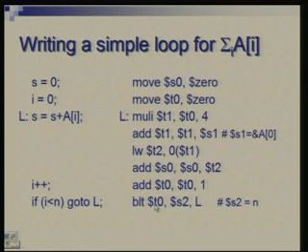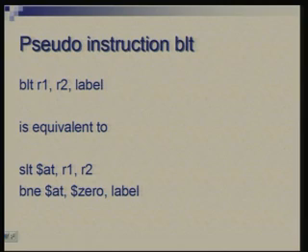In some tutorials I have mentioned that there are pseudo instructions which may correspond to one or more real instructions. So, what exactly is this particular one? BLT compares 2 registers, and if the first one is less than the second one, goes to the label specified here. Okay, this is equivalent to actually 2 real instructions.